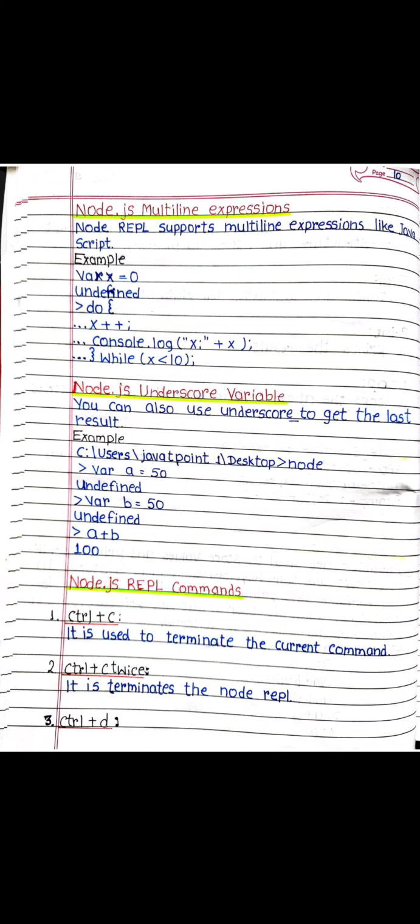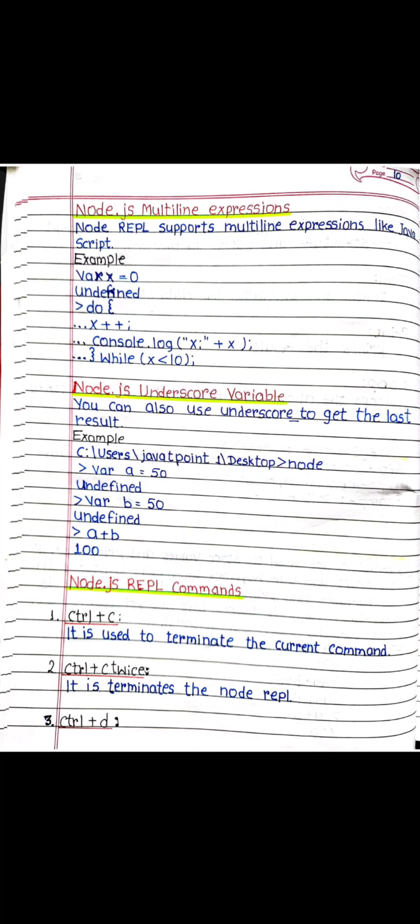Example: var x = 0, undefined; > do { x++; console.log('x: ' + x); } while (x < 10). Node.js underscore variable: you can also use underscore to get the last result. Example: var a = 50; var b = 50; a + b = 100; _ equals 100.